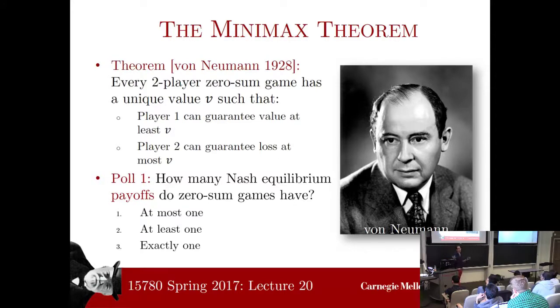Let's say every payoff is -5. Obviously, every pair of strategies you would play would be a Nash equilibrium, but they would all have the same payoff. So the question is, how many Nash equilibrium payoffs do zero-sum games have? At most one, at least one, or exactly one? Of course, if you say at most one, then exactly one is also true, but choose the most accurate answer.